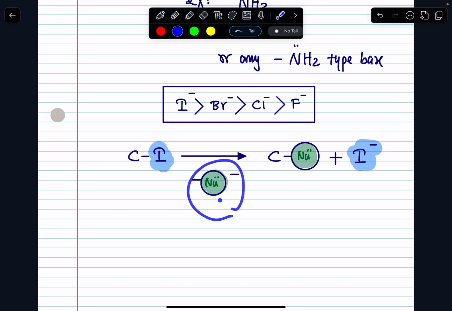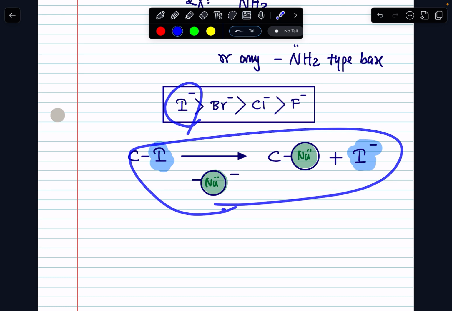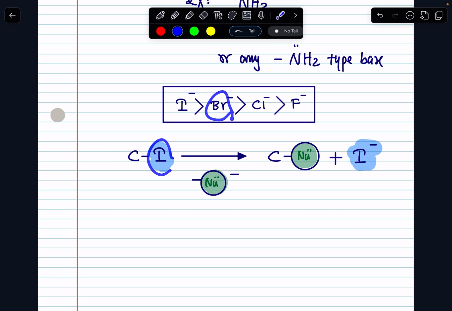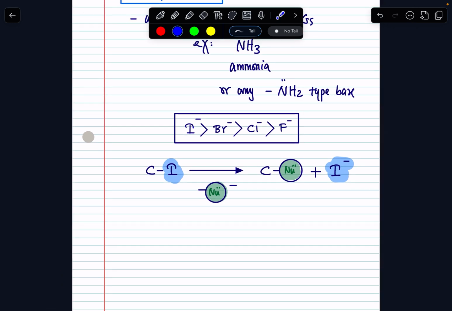But let's say you want to replace and substitute the iodine. The question is, if you have iodine versus chlorine, which one would be a better leaving group? The answer would be iodine. If you had the same reaction and instead of iodine you had bromine, that would happen less favorably than iodine. The iodine reaction would happen easier, with less energy, or more favorably. Okay, so that's the lesson for alkanes.